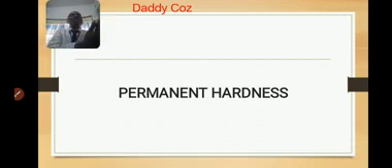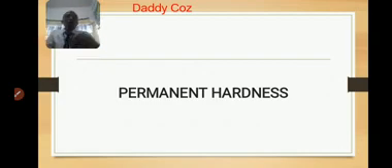But permanent hardness is not caused by those compounds. The calcium and magnesium ions that cause permanent hardness are not from hydrogen carbonate, which can easily decompose. They are from another compound.